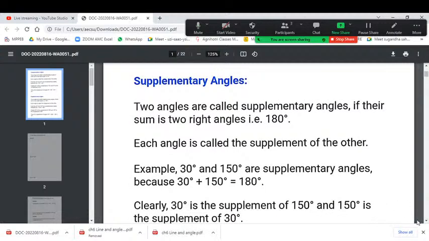And here 30 and 150 can be called supplementary because they sum up to give you 180. Got it? Yes, sir.